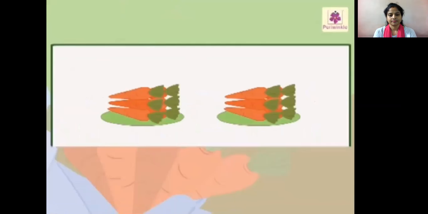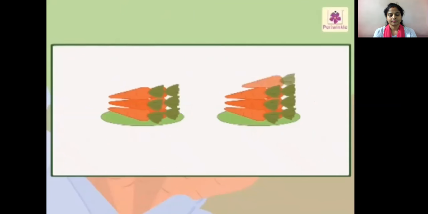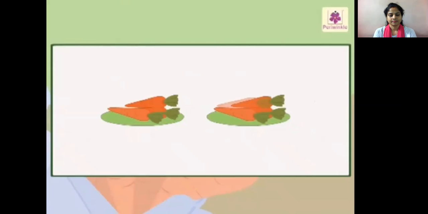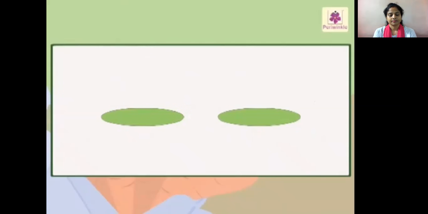So we say that 1 more than 6 is 7. Similarly, 1 more than 3 is 4. Now, what is 1 more than 0? 1 more than 0 is 1.